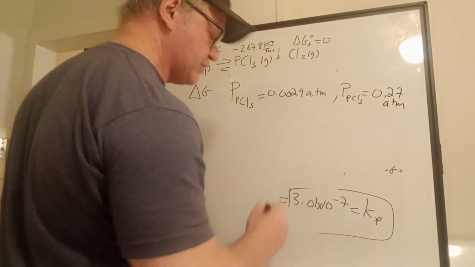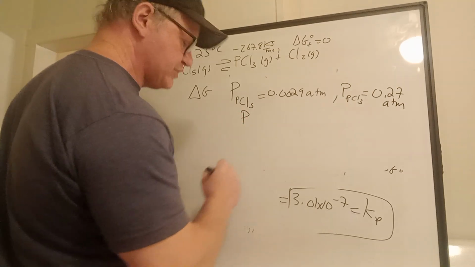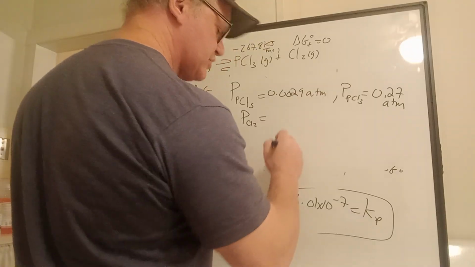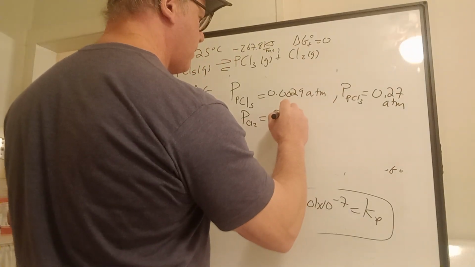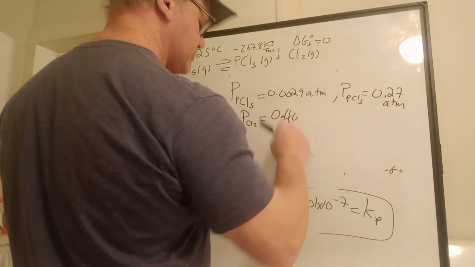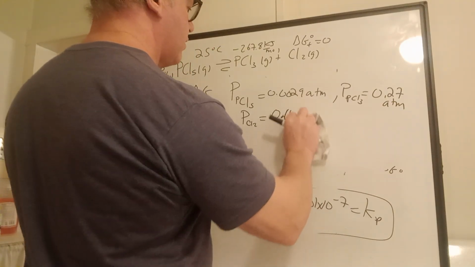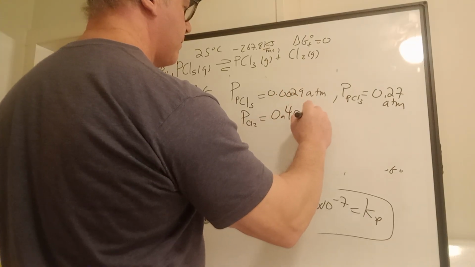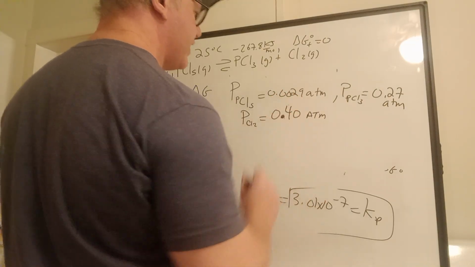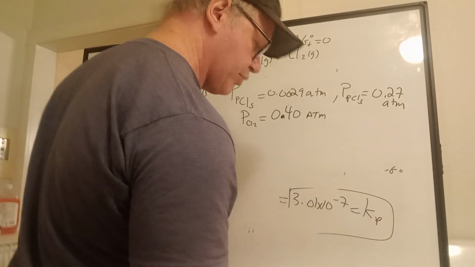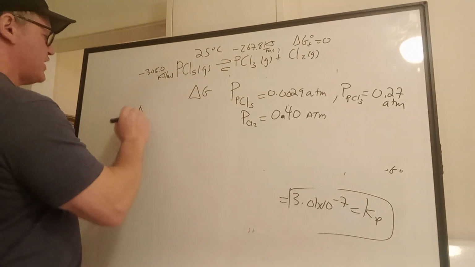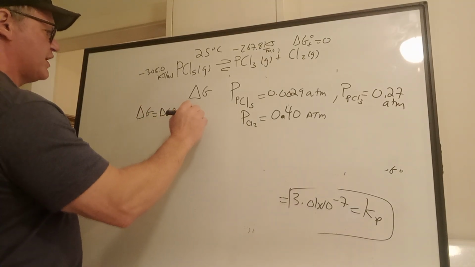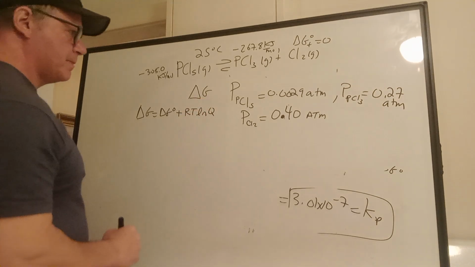This is all written in the notes if you can't read my writing that well. This is on page 14. And the pressure of the chlorine gas is 0.40 atmospheres. So what do we do? We're going to use the equation delta G is equal to delta G naught plus RT ln of Q.